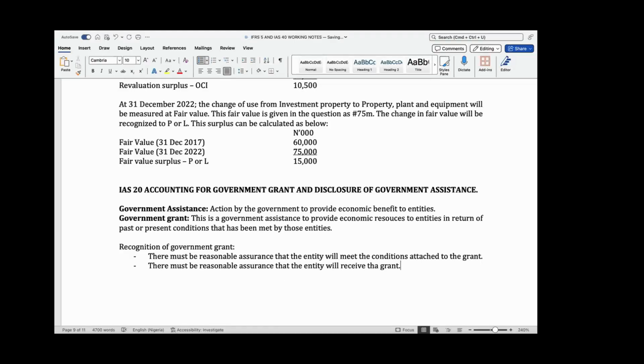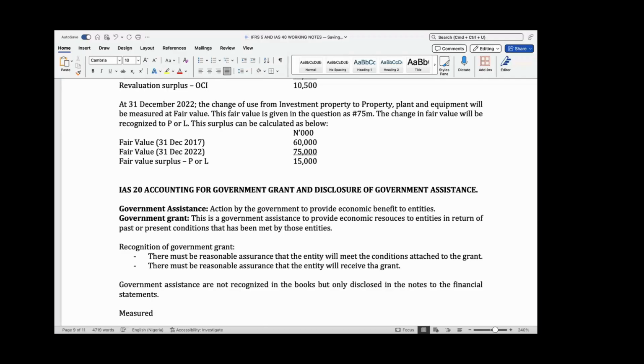Okay, you see, government assistance are not recognized in the books, but only disclosed in the notes to the financial statements. That's for government assistance. So how do you then recognize it?